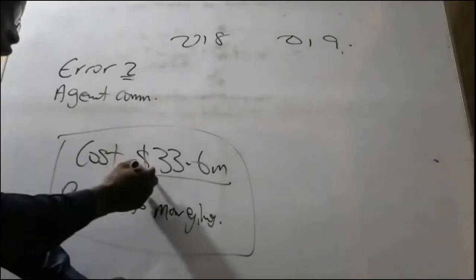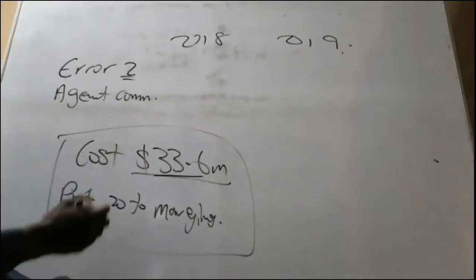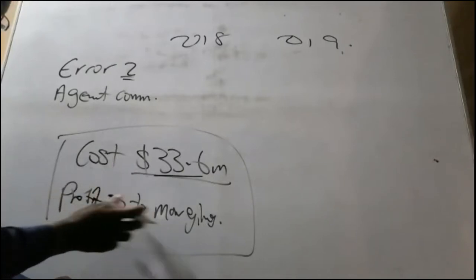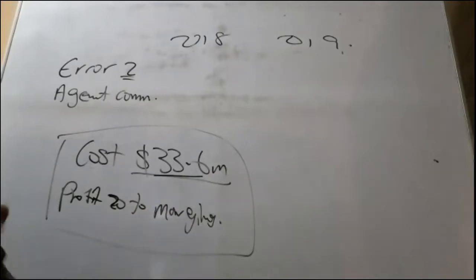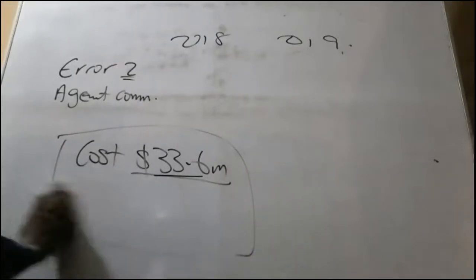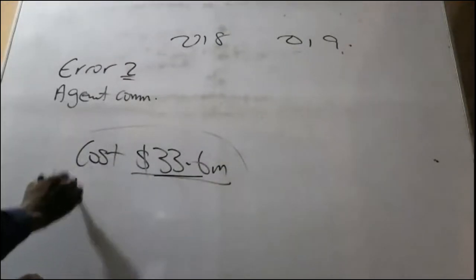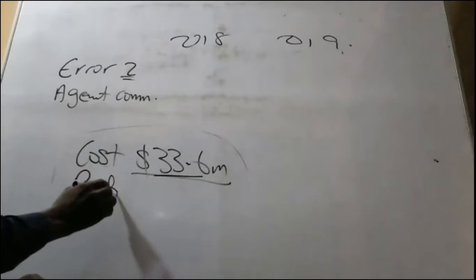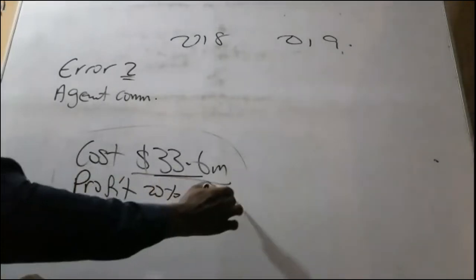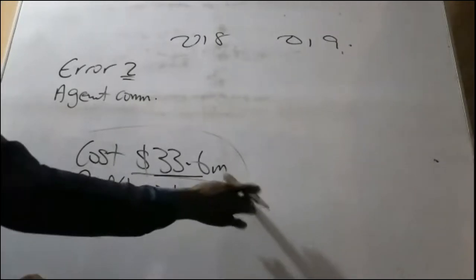Now, the cost is 33.6 million. Profit is what? 20% margin. Now, profit is 20% margin. So what is the sales value or the selling price?